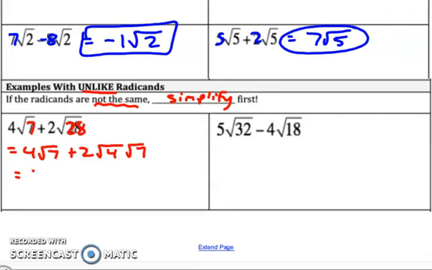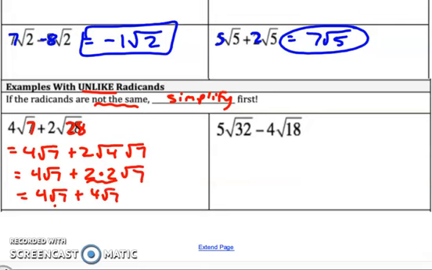So what we get here, I didn't change anything for the square root of 7 out front, but I have 4 square root of 7 plus 2 times the square root of 4, which is 2, times the square root of 7. And that's equal to 4 square root of 7 plus 2 times 2, 4 square root of 7. And now these match, so I can add them together and get 8 square root of 7.